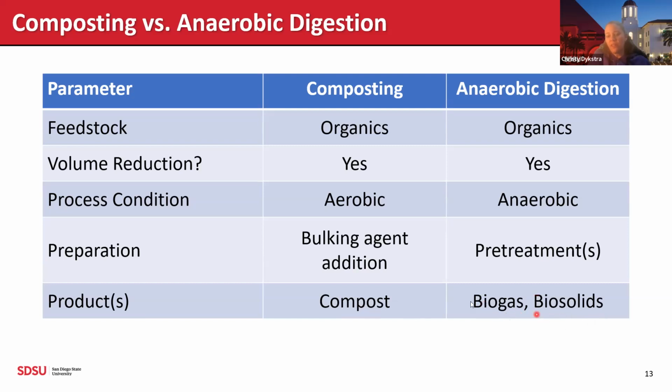The biogas we can get energy from by using the methane that's produced. And then the biosolids, in some cases, we can use for fertilizer as well. All right, so that is anaerobic digestion and composting in a nutshell.